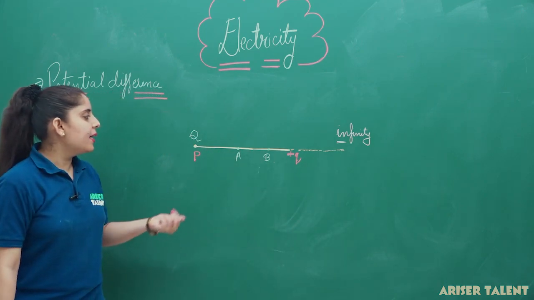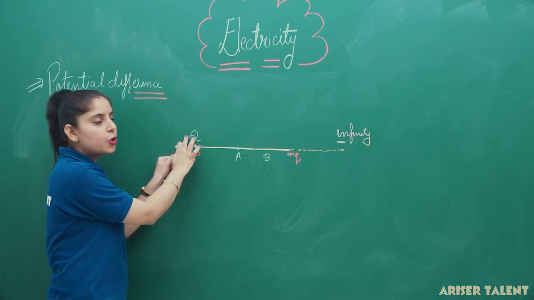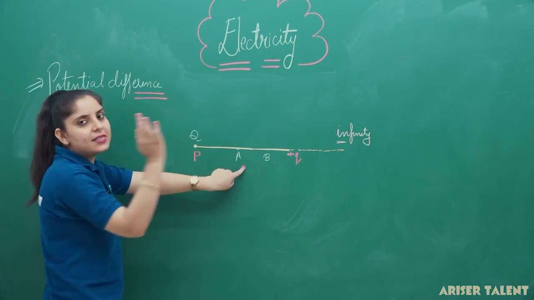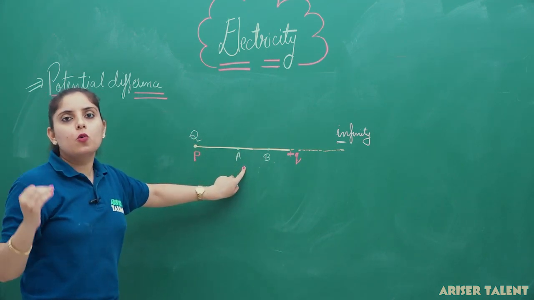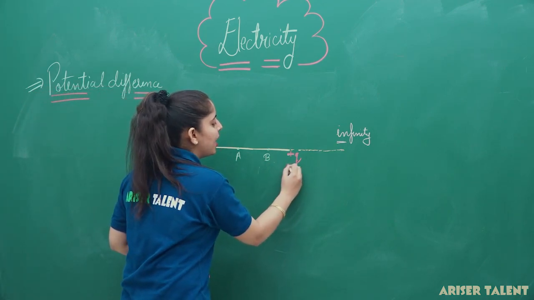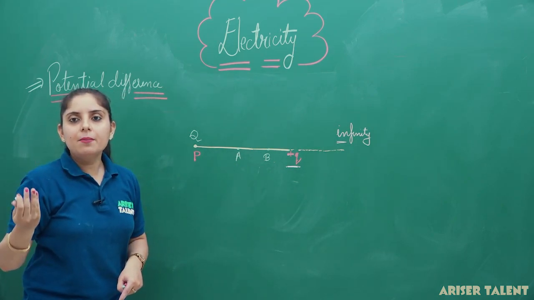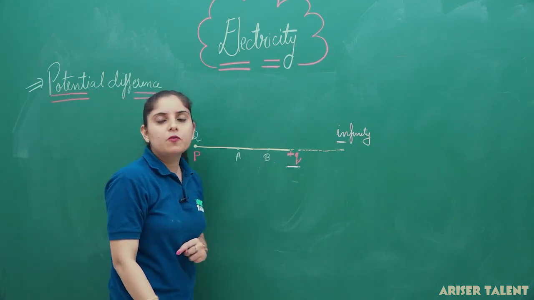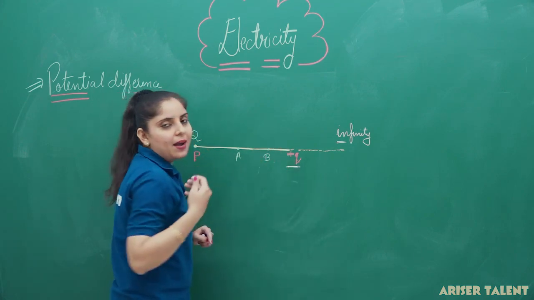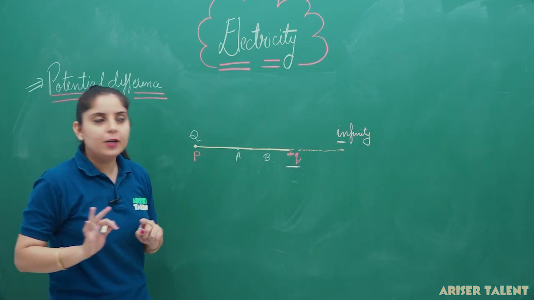I am again repeating, I have taken a system in which at point P I have taken a charge Q, and I have taken 2 points A and B which are quite close to each other. Now this small amount of positive charge, plus Q, I am bringing from infinity. अगर हम infinity से इस small amount of positive charge को यहाँ पर लाकर रखेंगे तो इन दोनों ends पे potential difference create होगा.